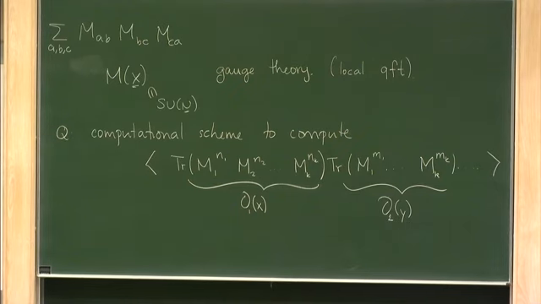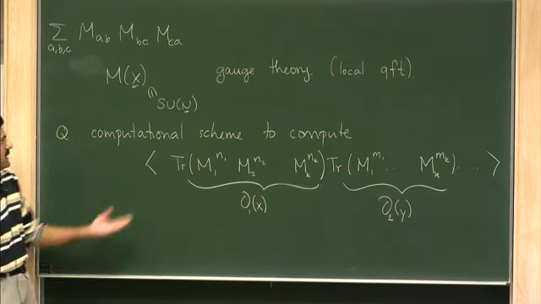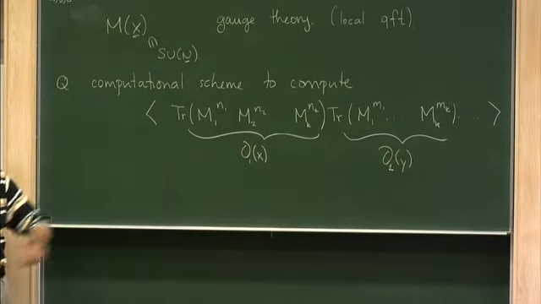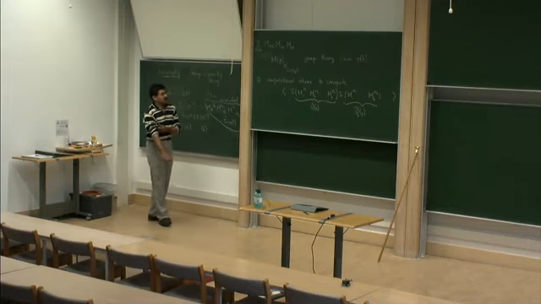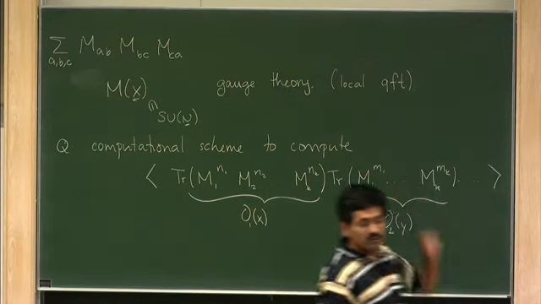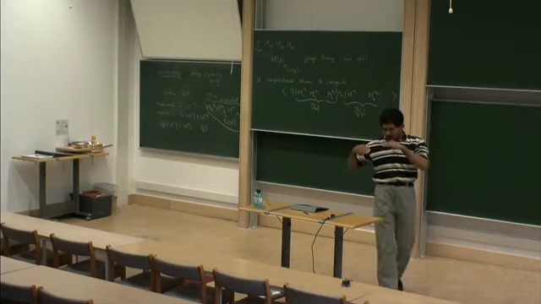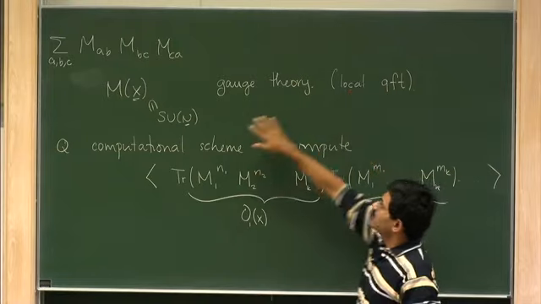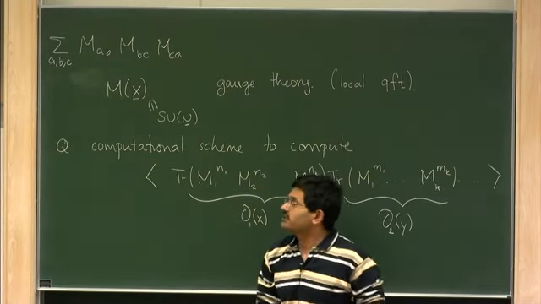Okay. And we would like to be able to compute this, so one can come up with usual rules which take the usual ideas in quantum mechanics and try to implement them in this local description in quantum field theory.